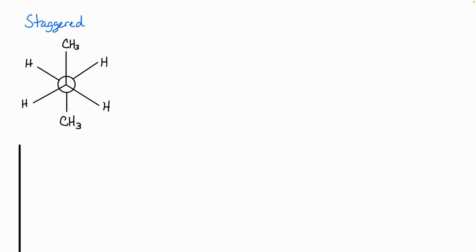All right, so what we're going to do is we're always going to keep our front carbon the exact same. So I'm going to draw another Newman projection with that front carbon in the exact same place, right? We're not going to change that front carbon. But again, we're rotating about that single bond. So we're going to start rotating that back carbon.